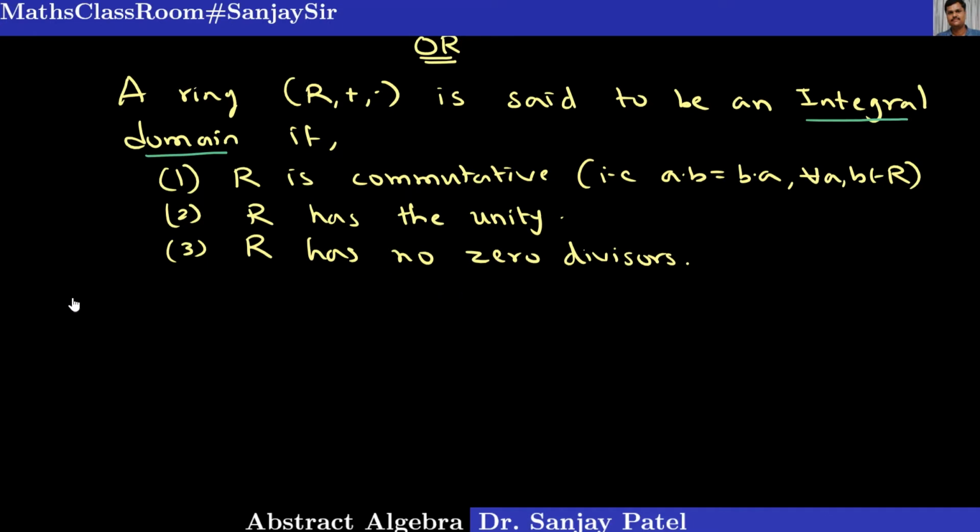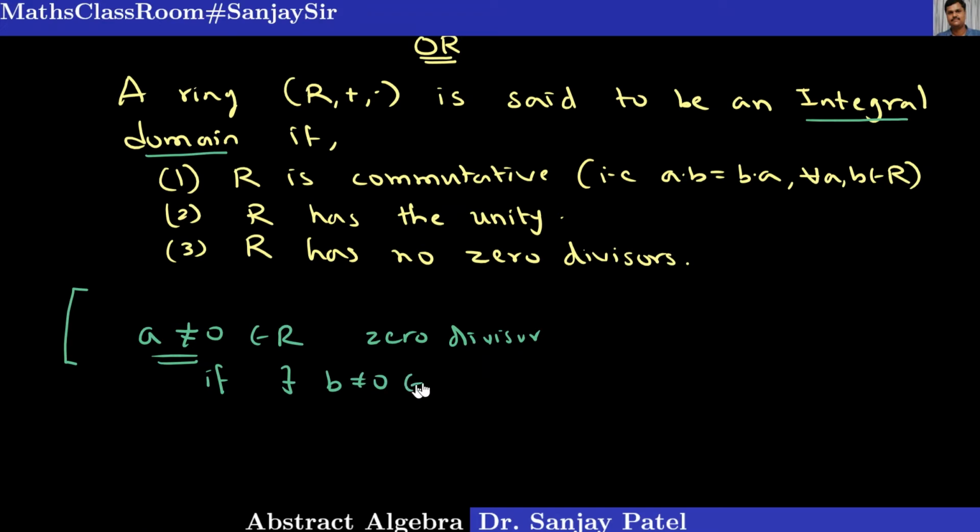Let us recall the definition of zero divisors, what we have understood in our previous videos. If R is a ring, and if you have a non-zero element A in the ring R, then this non-zero element is said to be a zero divisor if there exists another non-zero element B in R such that A·B = 0. In short, if the product of two non-zero elements is a zero element, then the two elements are called zero divisors.